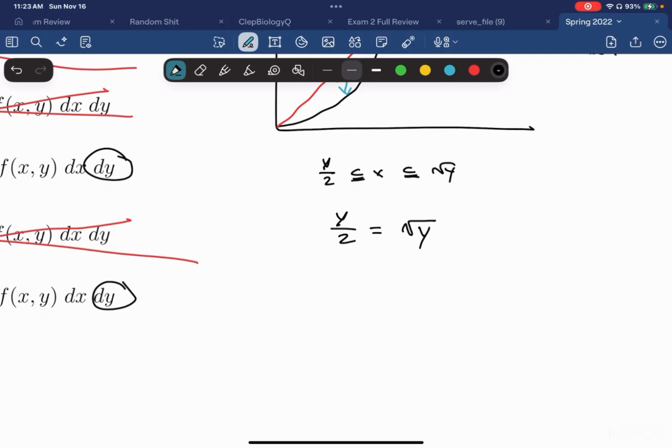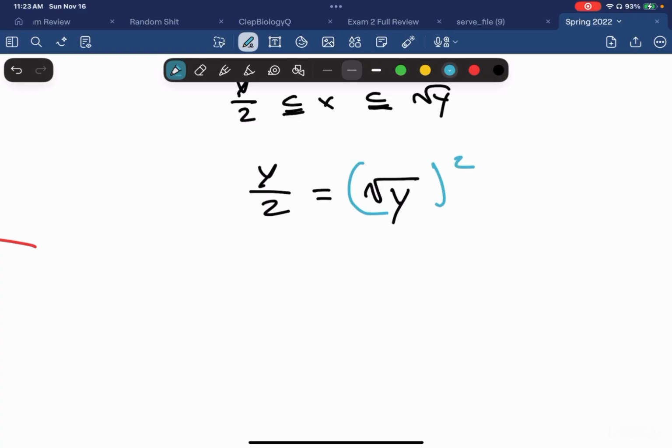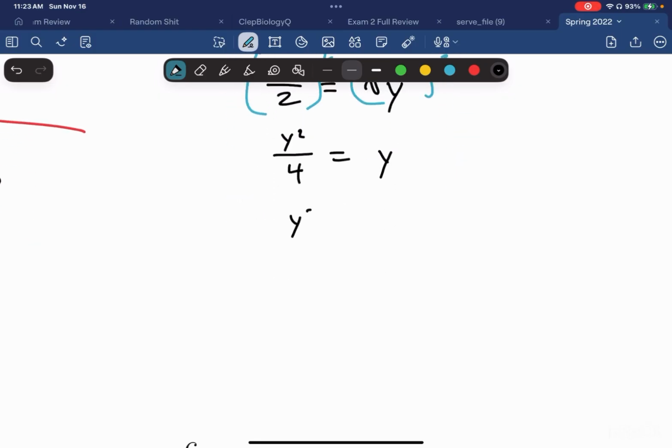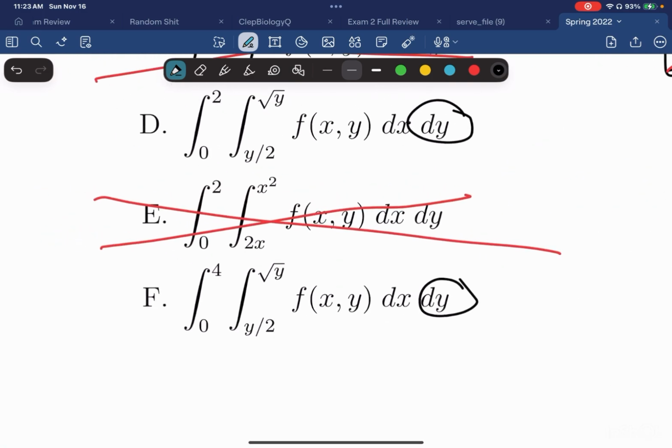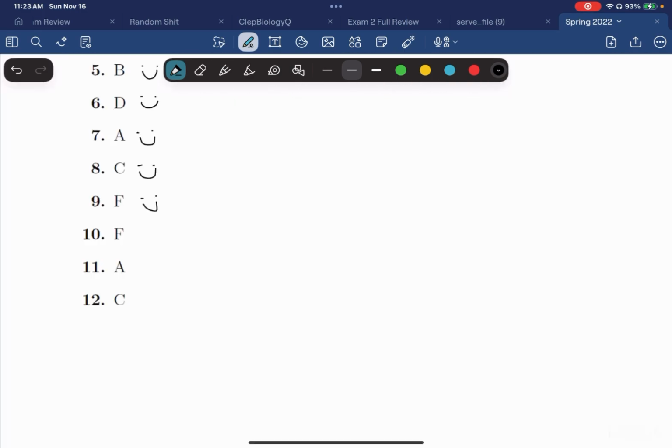So if we square both sides, you get y squared over 4, which is equal to just y. And we can change this to y squared over y, or equals 4. So we just know that y is equal to 4. So which one has a 4? Right here, which means that answer choice F is correct for number 10, which is the correct answer.